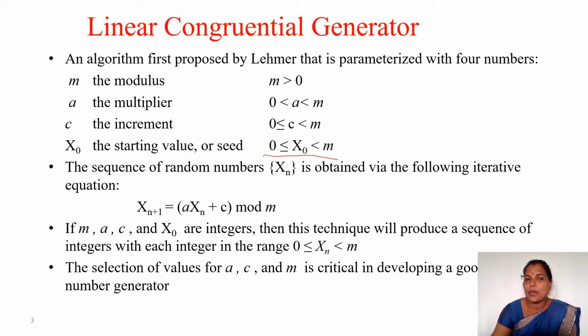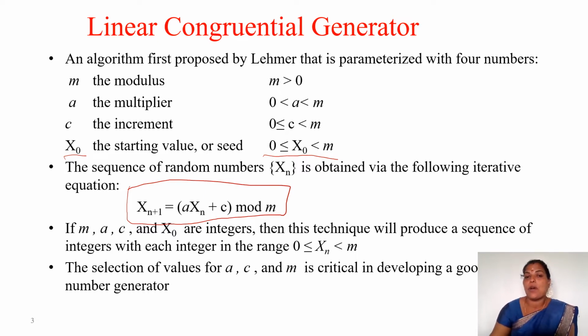Using this formula, we generate a sequence of random numbers: from x naught we can generate x1, then x2, x3, and likewise it goes on, so x n. The formula is x n plus 1 equals a x n plus c mod m.